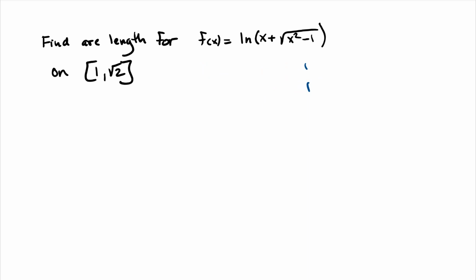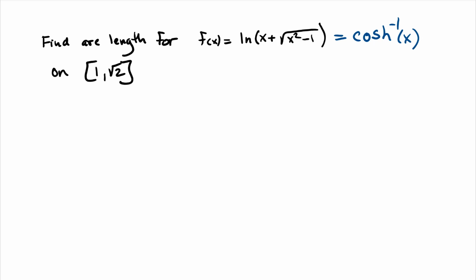Now, hopefully, your Calc 1 teacher spent some time in hyperbolics with you. And even if your teacher did spend time with you with hyperbolics, there's a good chance you probably forgot most all of it. This is equal to inverse hyperbolic cosine. Clearly, right? Clearly.